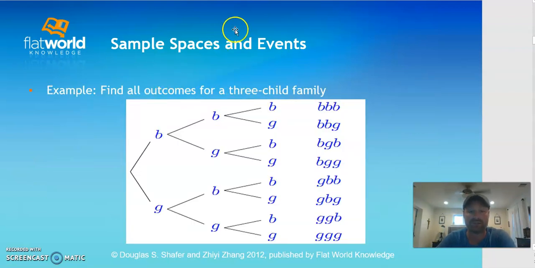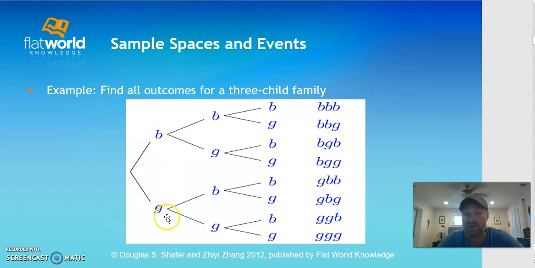So we have an example here. Sample spaces and events. Find all outcomes for a 3-child family. Okay? So what are all the outcomes for a 3-child family? Basically we do a probability tree here in order to see all the possible outcomes. So a family, their first child could be either a boy or a girl, right?